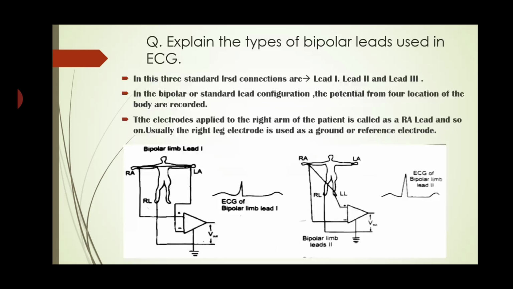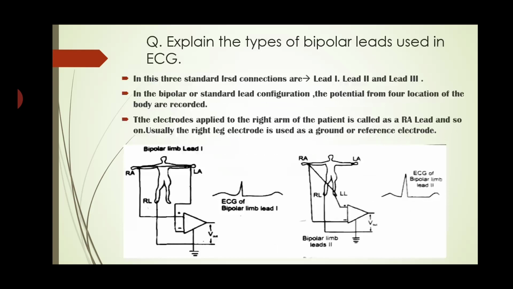Now we will see the types of bipolar leads used in the ECG. In ECG measurement, different types of leads are used. First is the bipolar leads, or we can call them standard leads. These three standard lead connections are lead 1, lead 2 and lead 3.